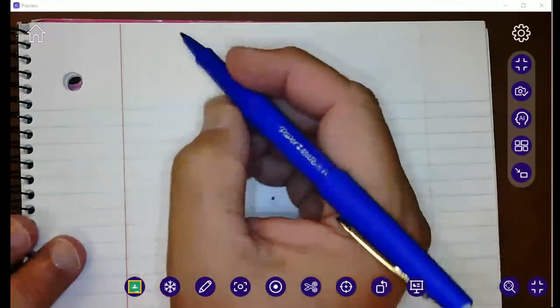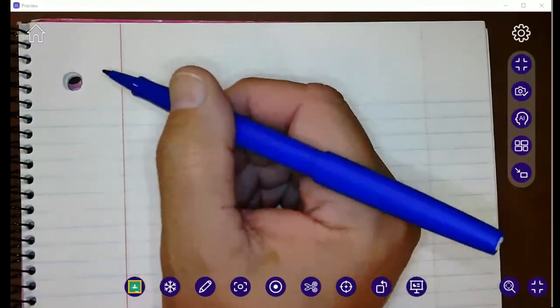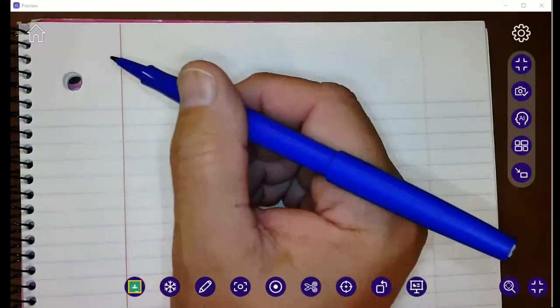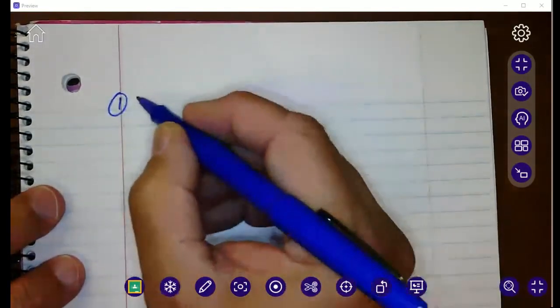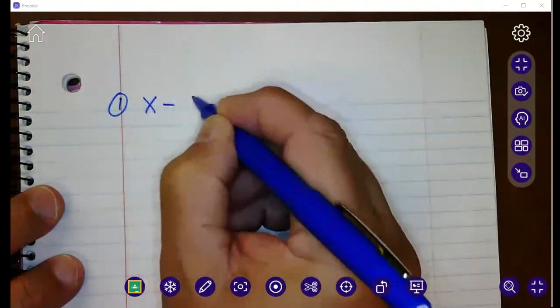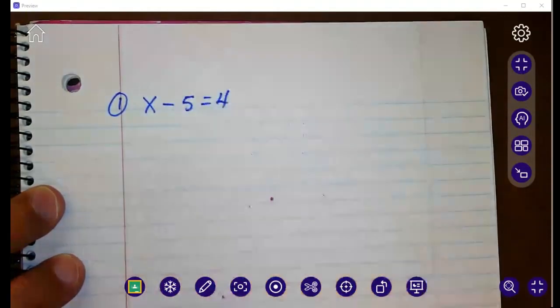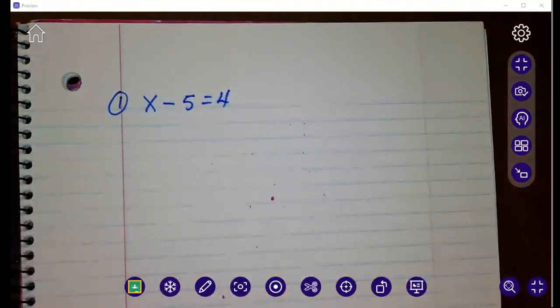We are solving equations. So when we started this journey on solving equations, we started with what we called one-step equations that look like this. And we want to solve for x. Now you can look at that problem and say, oh, I know the answer to that. X has got to be 9 because 9 minus 5 is 4.